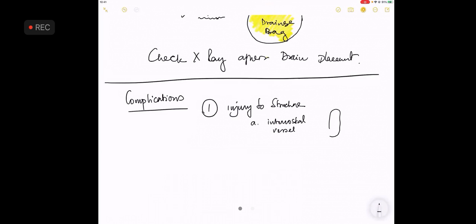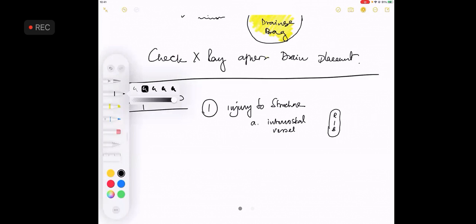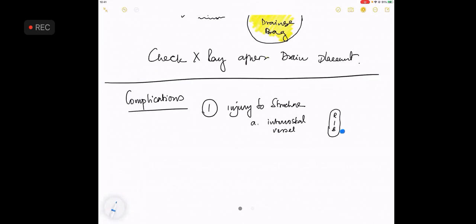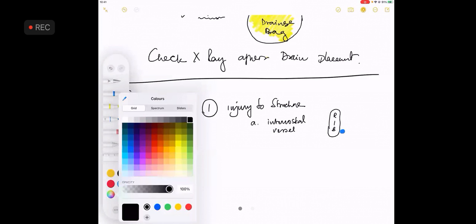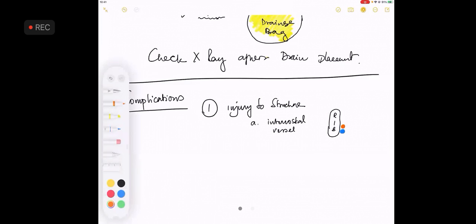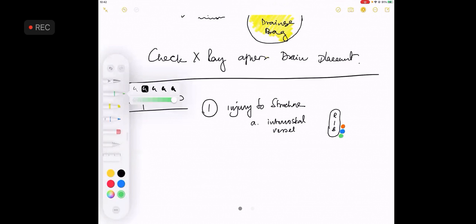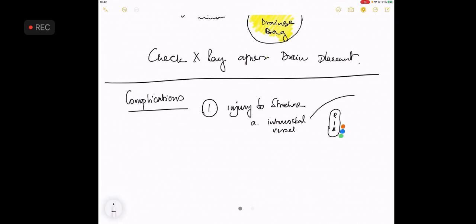Remember that if this is a rib, where is the intercostal vessel placed? Lower border. They are placed in the lower border. Very good. So, examiners will like to ask you, where have you placed the incision? Sir, I have placed the drain always at the upper border.